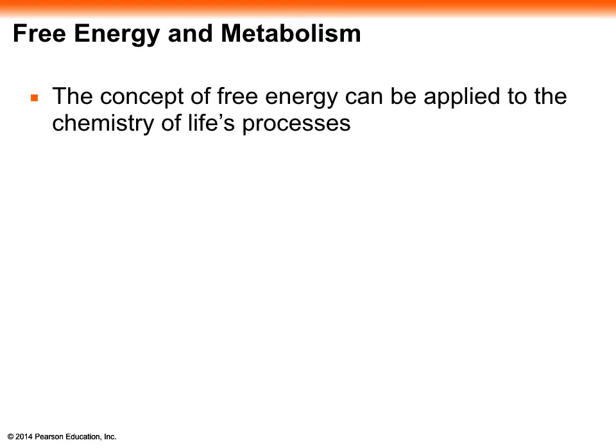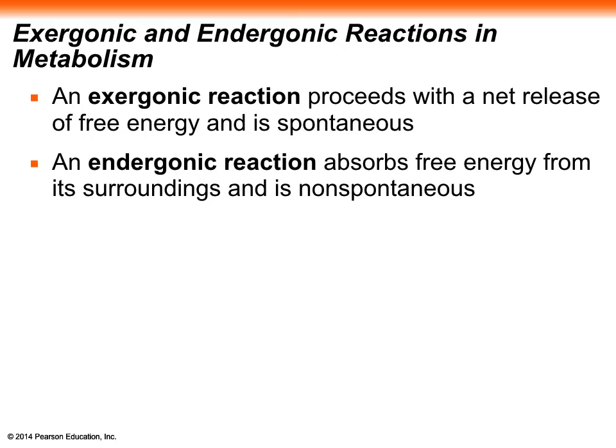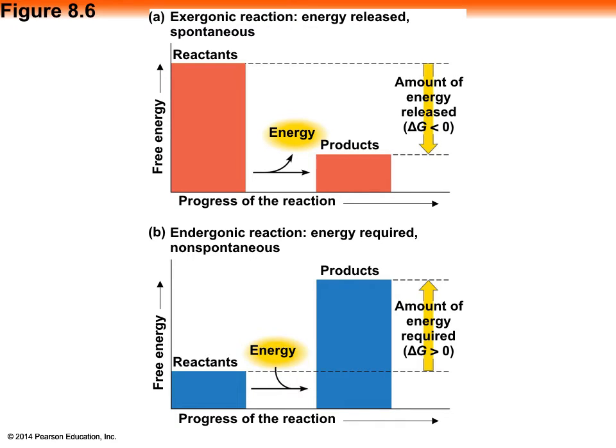So now we've covered all those different examples, all those different questions, those 18, and so here are the definitions of exergonic and endergonic: releasing energy, or endergonic, putting in energy. And here it is on a graph.